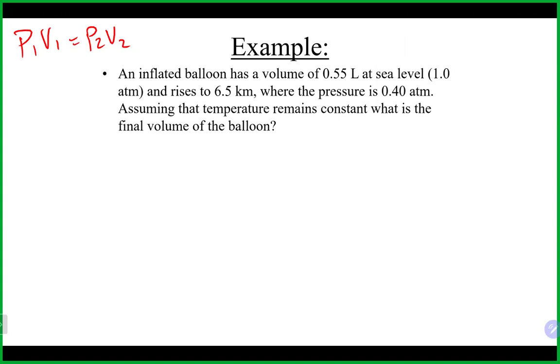So a lot of times when you're doing gas problems, a really good way to approach it is just to pull out the information and label what they are. Are they a volume? Are they a pressure? Are they a temperature? So if we do that here, we have a volume that is 0.55 liters. We have 1 atmosphere, which is a pressure. We have 6.5 kilometers, which is useless in this problem.